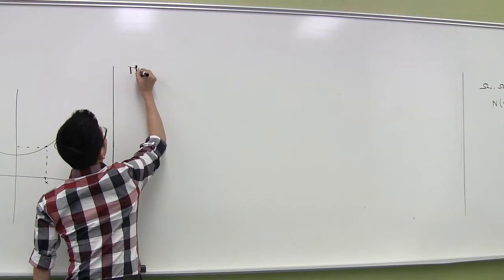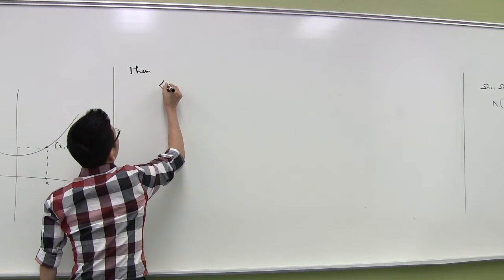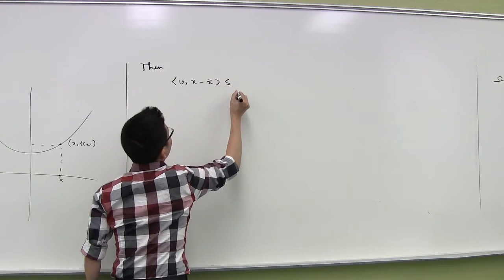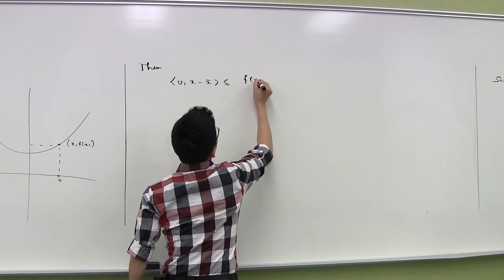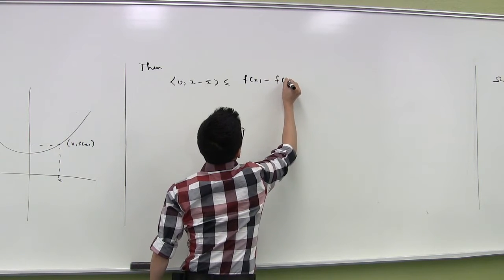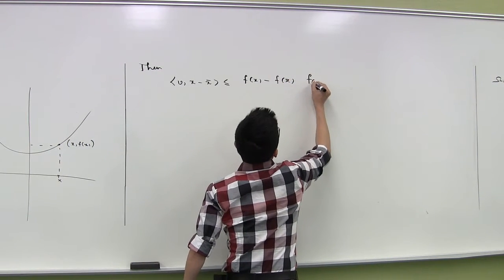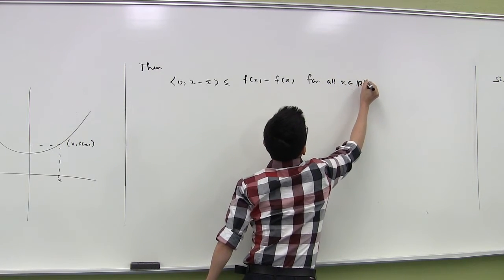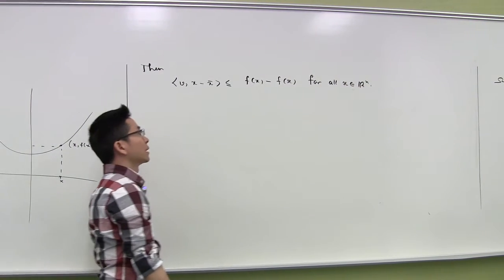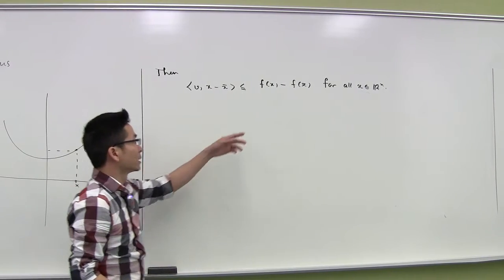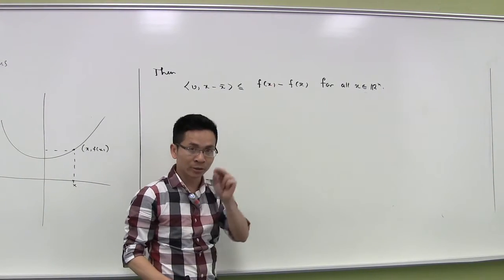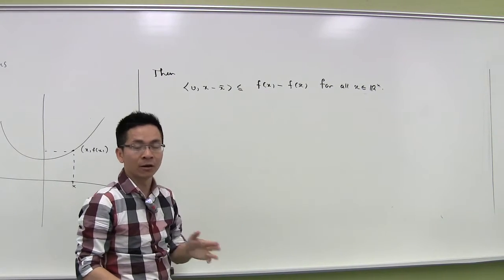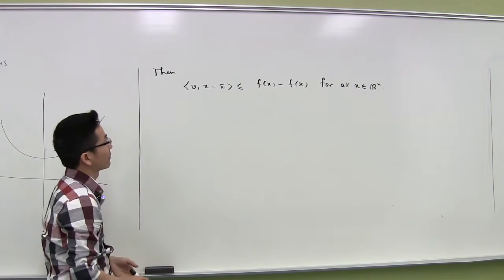Then the inner product of v and x minus x bar is always less than or equal to f(x) minus f(x bar) for all x in R^n. Because if x doesn't belong to the domain of the function, f(x) is infinity, therefore this inequality is satisfied.